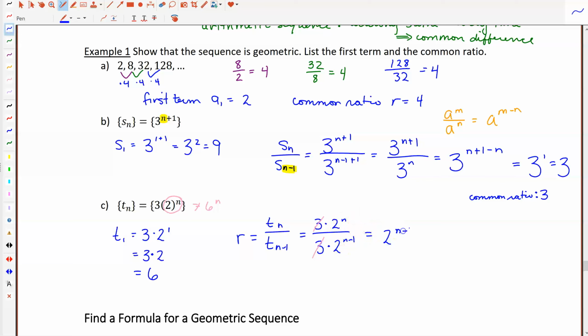So n minus, parentheses, n minus 1. Don't forget about those parentheses, because you have to subtract that entire expression that's in that denominator exponent. Distributing through, you'll get in the exponent, so you have 2 raised to the n minus n plus 1. The n's cancel, you get 2 to the first power, which is just 2.